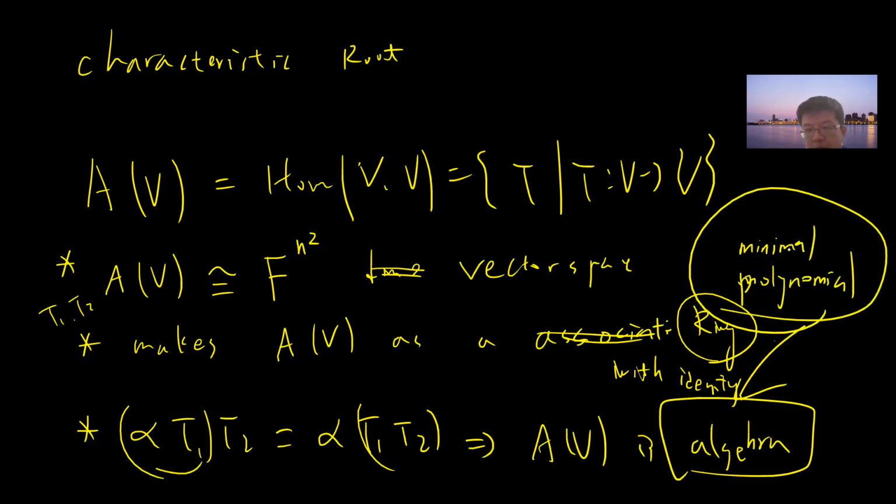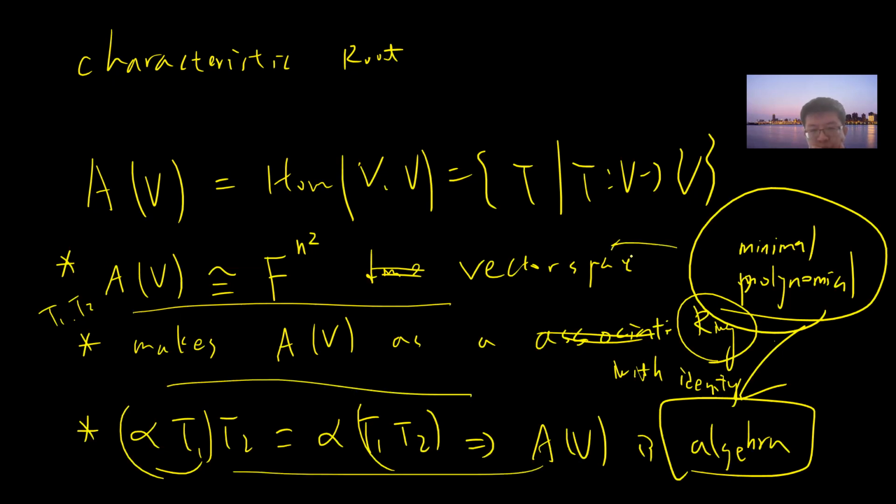This is why in linear algebra the appearance of the minimum polynomial is not very natural, because if you don't have this property, then you suddenly talk about a minimum polynomial in only a vector space. It's not common, it's not natural, right? But once you start from a vector space, go to a ring, and then go to an algebra, everything looks natural.